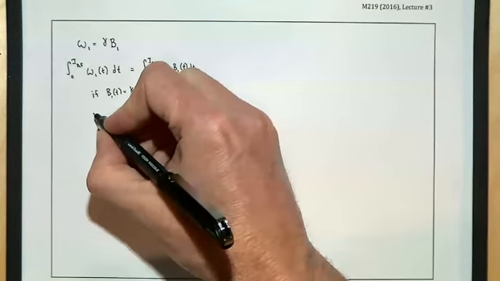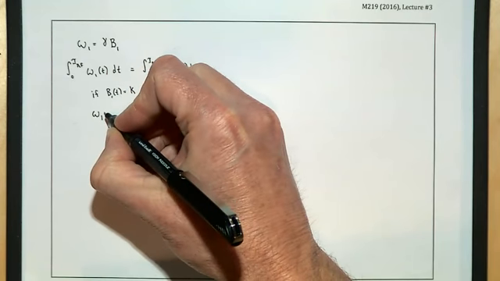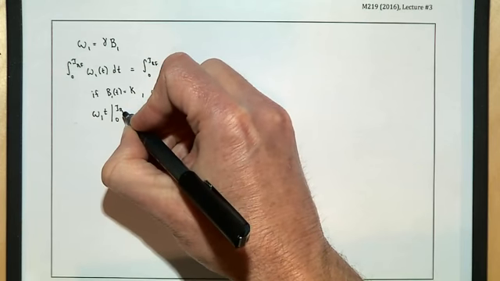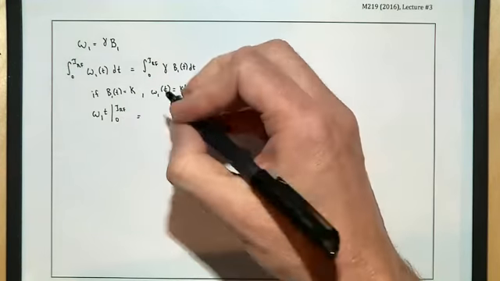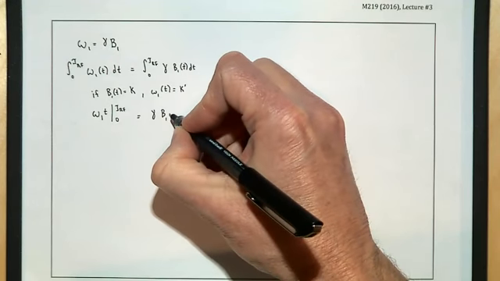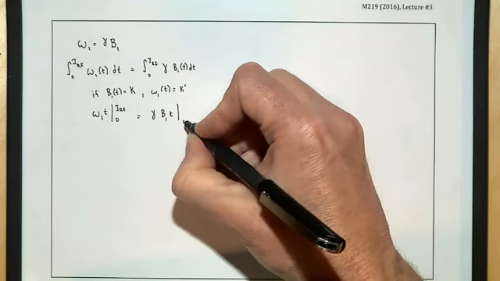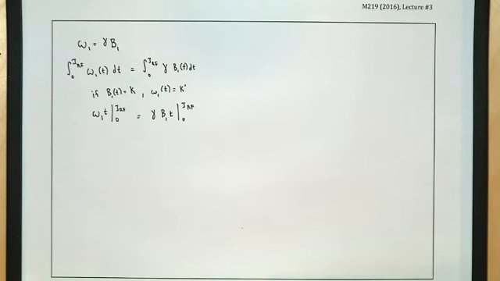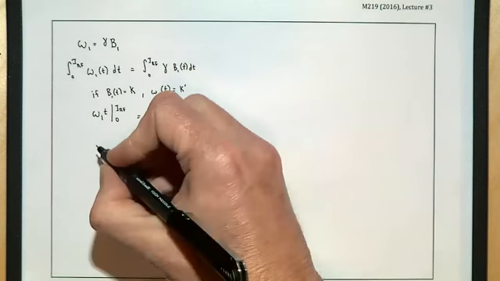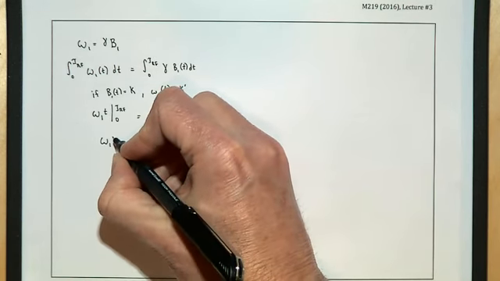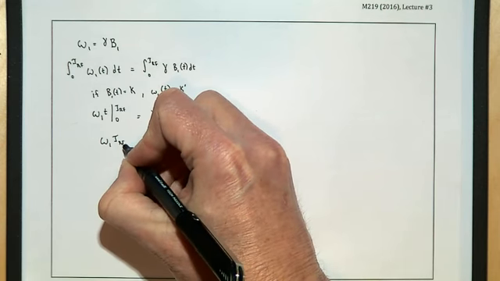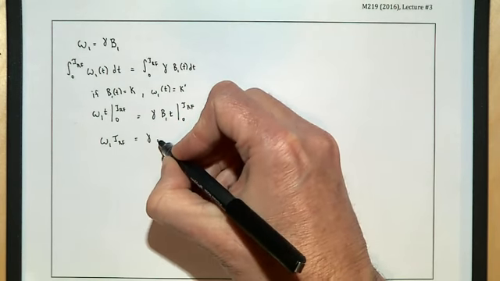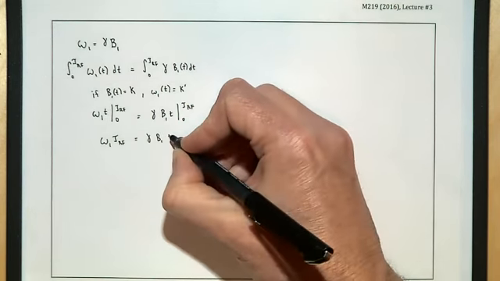So omega 1 times time, evaluated over the limits of integration 0 to tau RF, is just equal to gamma B1 times time evaluated over the same limits. Nothing too advanced here. This just means that omega 1 times tau RF, the precessional frequency times the duration of precession, is equal to gamma B1 times tau RF.